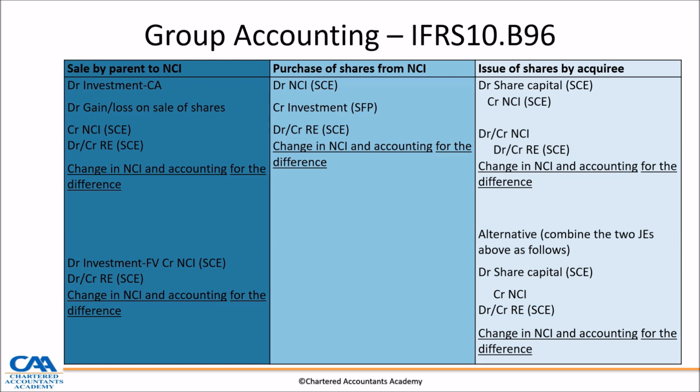That gain or loss that is going to P&L is not wanted at group level, because all gain or loss under B96 should go to the statement of changes in equity. So we have to reverse the investment and the gain or loss, and compare which makes up the bank. So these two figures make up the bank, and compare with this NCI. The difference, the gain or loss, goes to either retained earnings or to equity or a separate reserve.